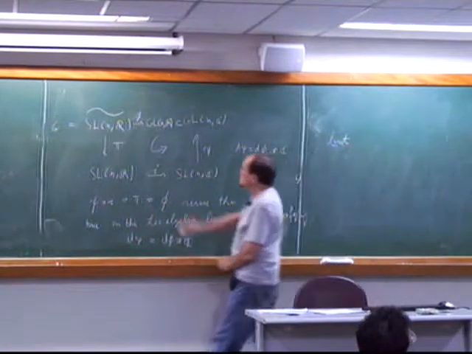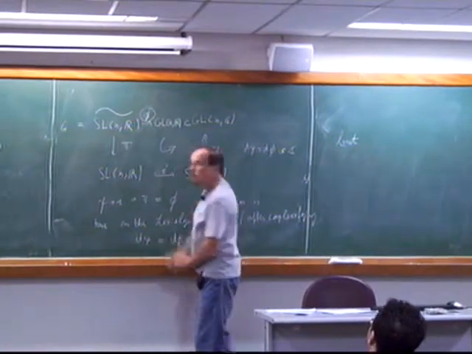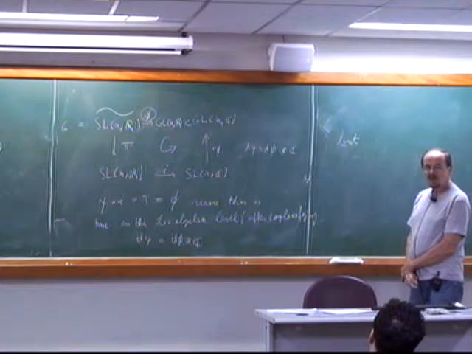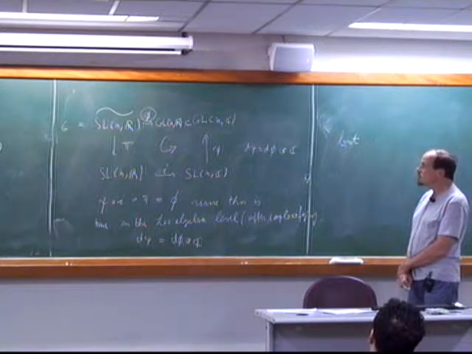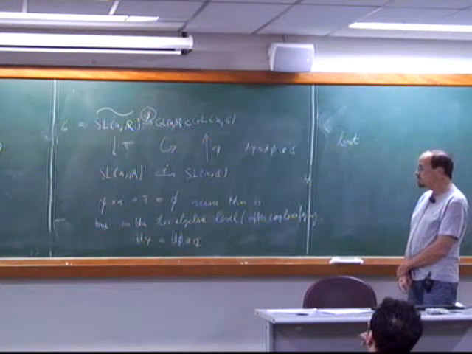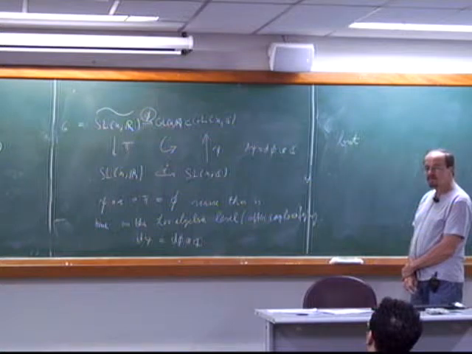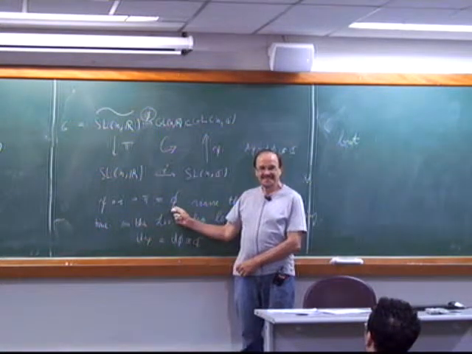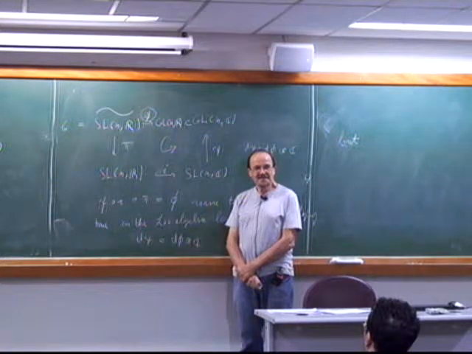What do you know about phi here? Phi was a supposed embedding, and it was supposed to be one-to-one. This was our assumption, that such a thing exists. Can this map be one-to-one? It's a composition of these maps. That can't be.